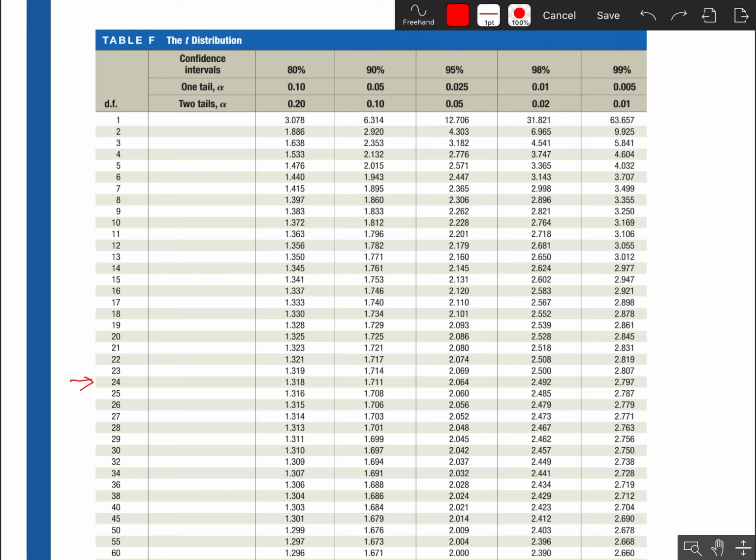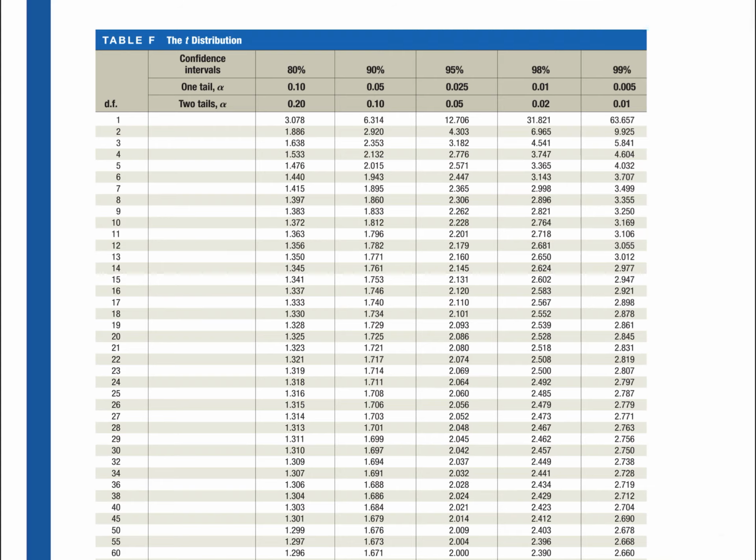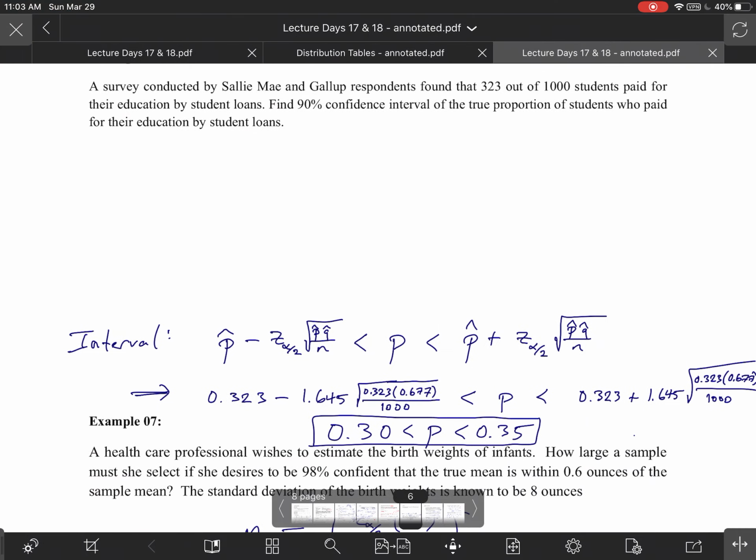So it doesn't matter which one of those you think of as being the thing that you're looking up for this column. Either way, we're in this column, and we're in the row corresponding to 24 degrees of freedom. And if I look at the intersection here, I would get 2.064. So that's the t-value that we're interested in. So we'll have 2.064 as our t-value.